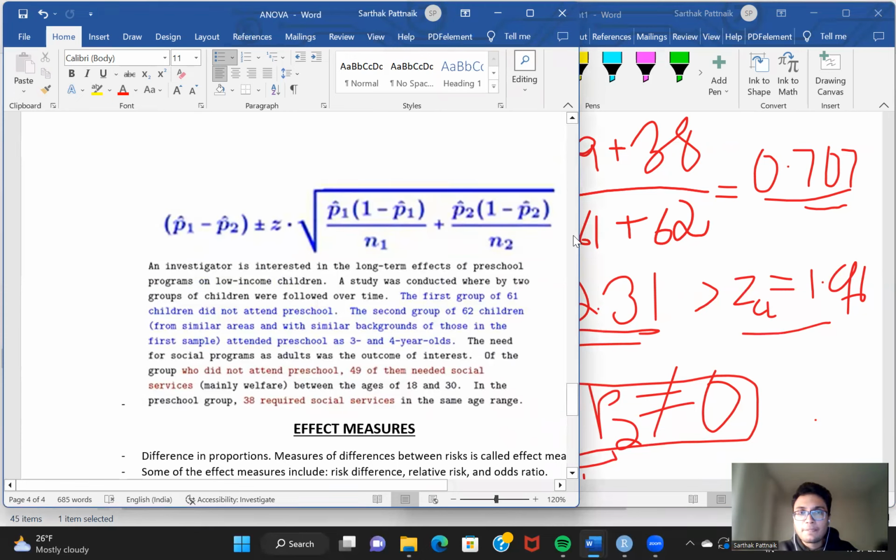So if I have to give the values of this particular question, I had 49 and 38, 61 and 62, and confidence level at 0.95.